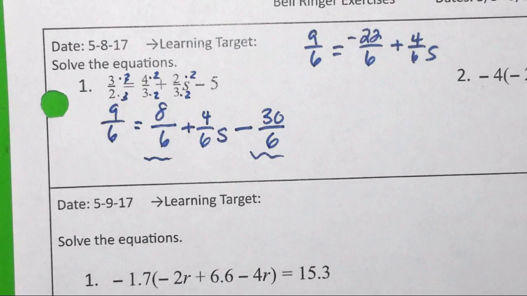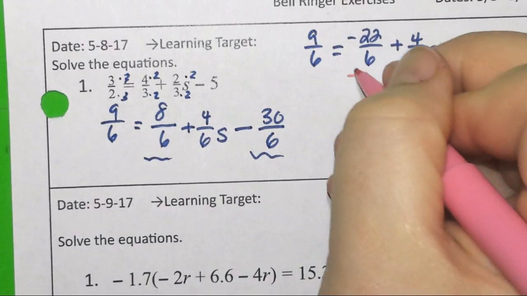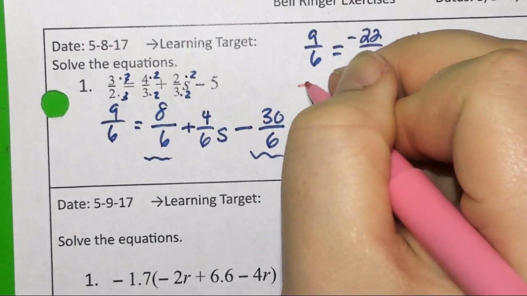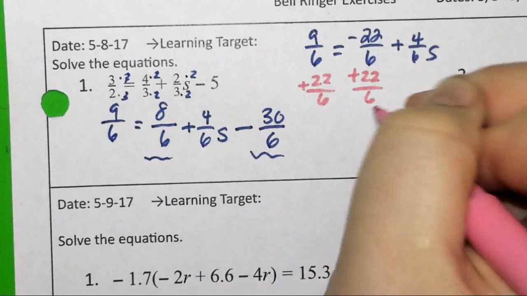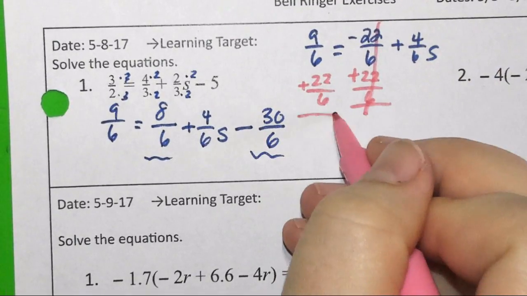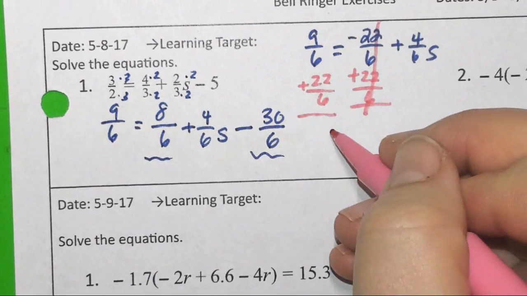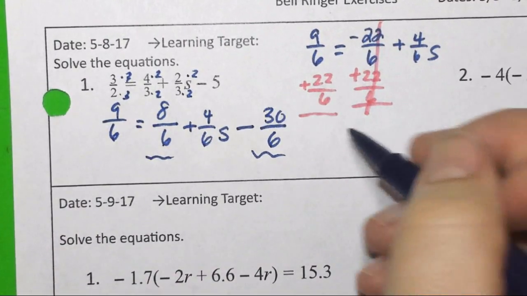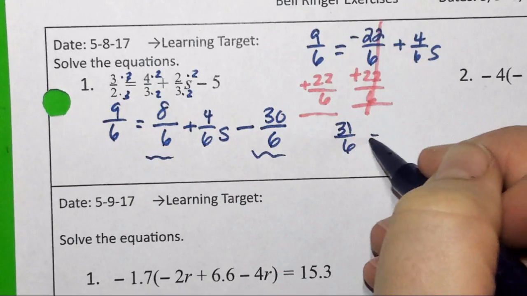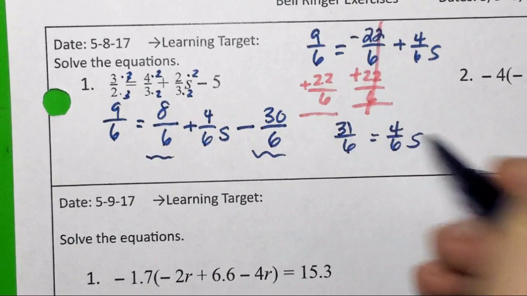If I add 22 over 6 to both sides, because I'm trying to get that s piece all by itself, those cancel out, and I get 22 plus 9 is 31. So I have 31 over 6 equals 4 6s.